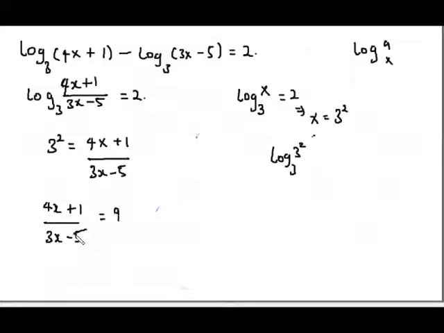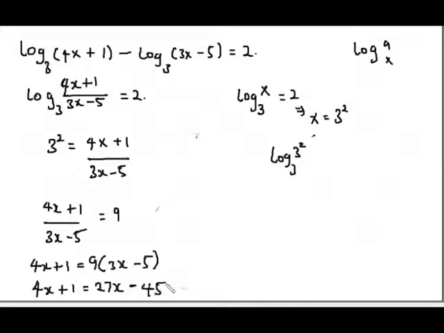So this becomes 4x + 1 equals 9 times (3x - 5), and then 4x + 1 equals 9 times 3x is 27x, minus 9 times 5 is 45.